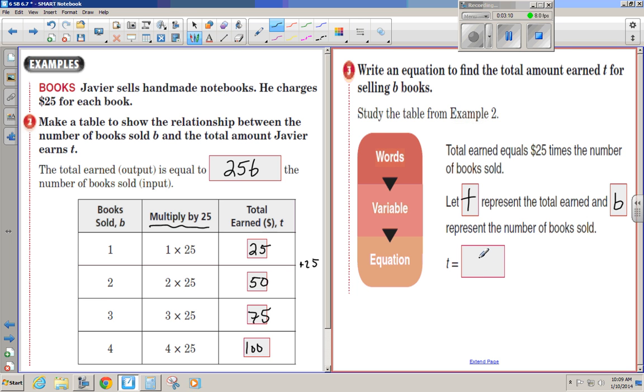And so T equals 25B, which makes sense. T is 25 when B is 1, 25 times 1. When T is 50, it's 25 times 2, and so on.